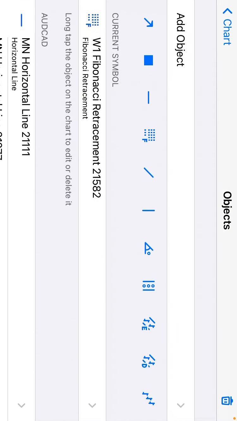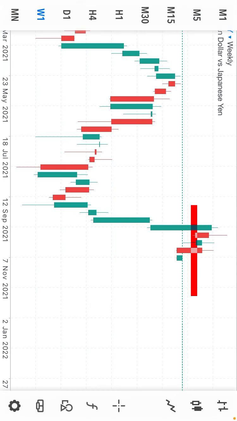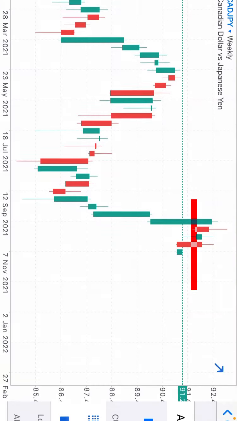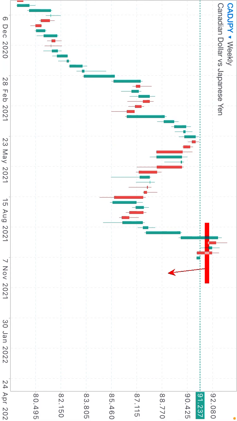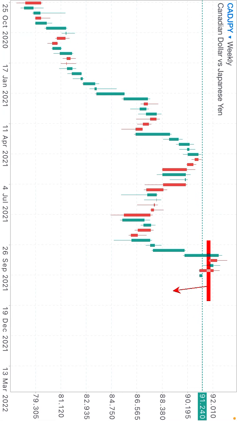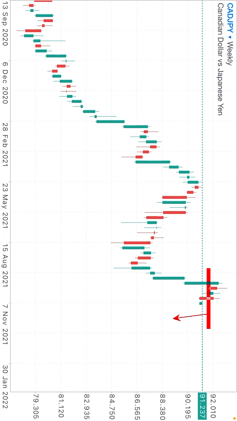We expect this market to go up and retrace the neckline before providing a move to the downside. You understand? So as you can see, the monthly time frame in CADJPY is bearish. The weekly time frame in CADJPY also seems bearish.